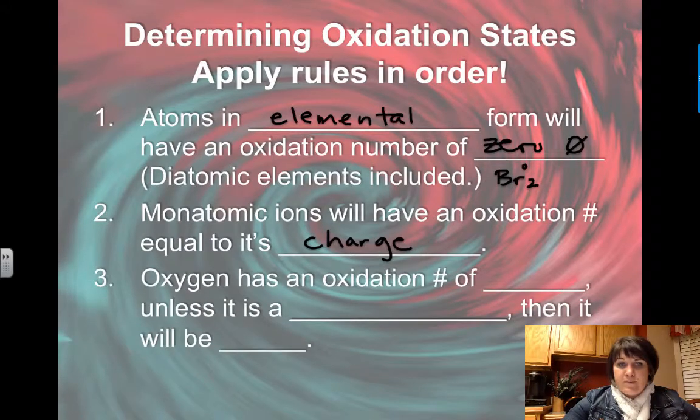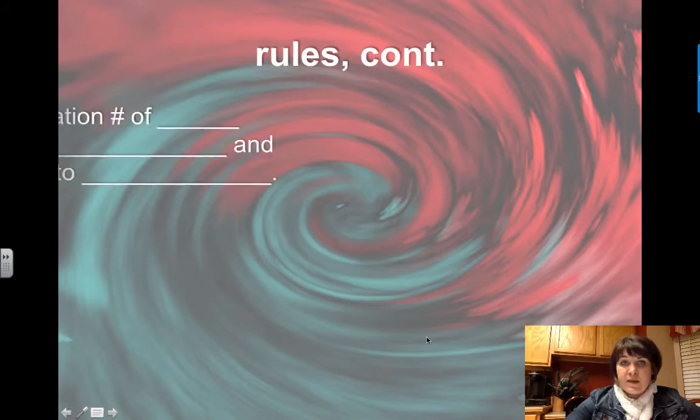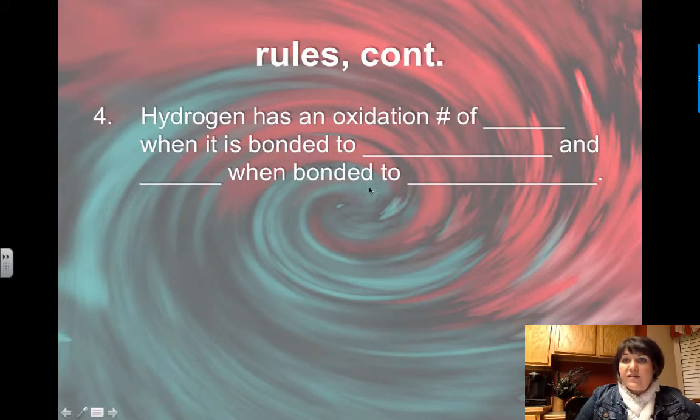No sweat. The third rule is that oxygen has an oxidation number of -2 unless it's in peroxide. Watch out for those peroxides because then your oxygen has a charge of -1. So be careful with those ones. Hydrogen has an oxidation number of +1 when it is bonded to nonmetals.